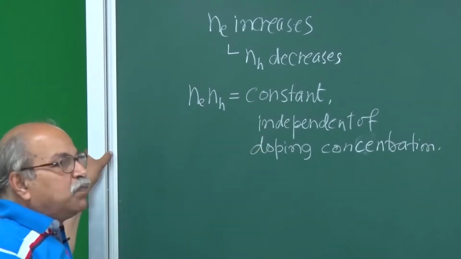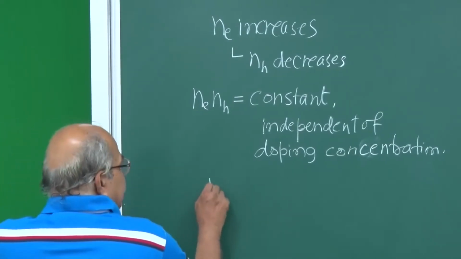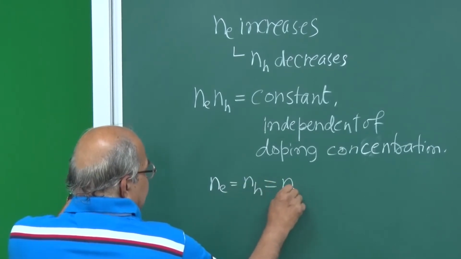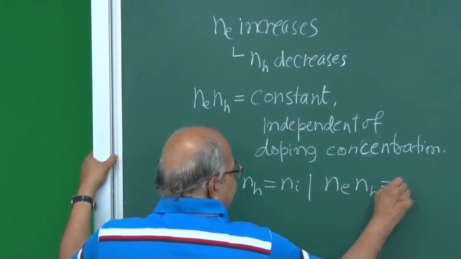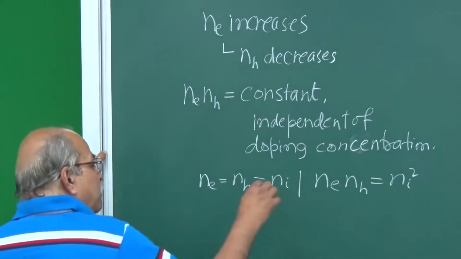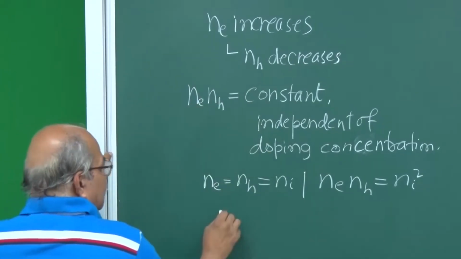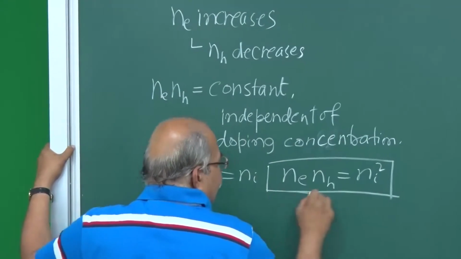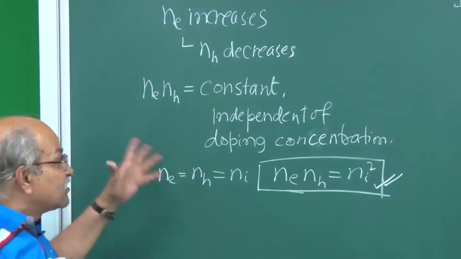If you do not dope and leave it intrinsic, then Ne is equal to NH and we write it as Ni. So Ne into NH is Ni square. When you dope, Ne has gone up, NH has gone down, but then this relation still holds.